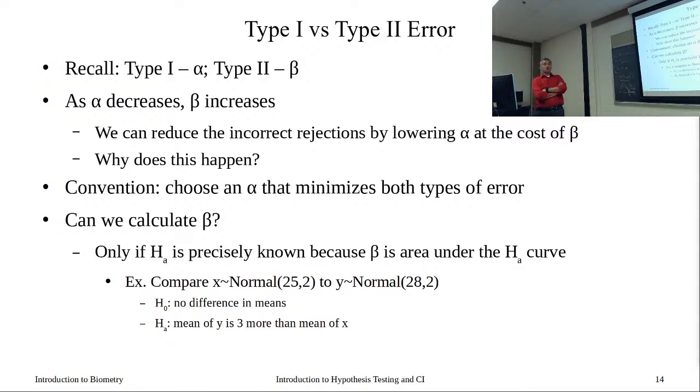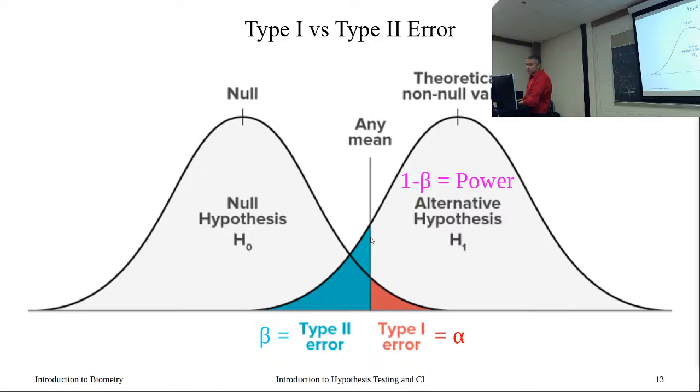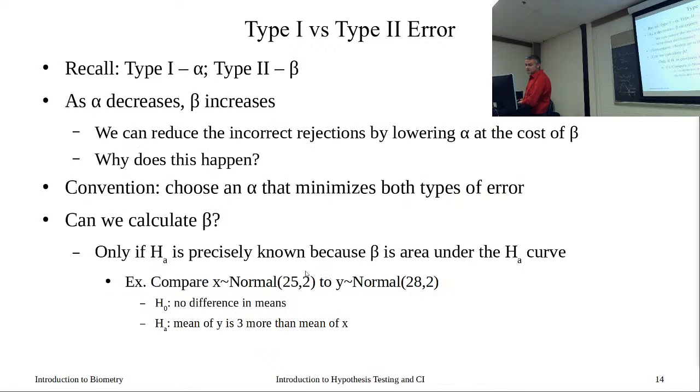So alpha is arbitrary. Can we calculate beta? Oh yeah, you can calculate it, but only if the true alternate hypothesis is known, because that represents the area under the curve. So we could do that on this curve if we assume that these are normal curves. If we know what the mean and the standard deviation is of this true alternate, then we can look at the area under the curve, which is to the left of our observed test statistic.